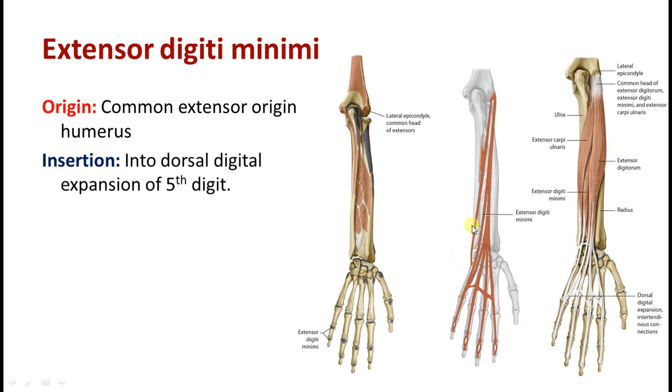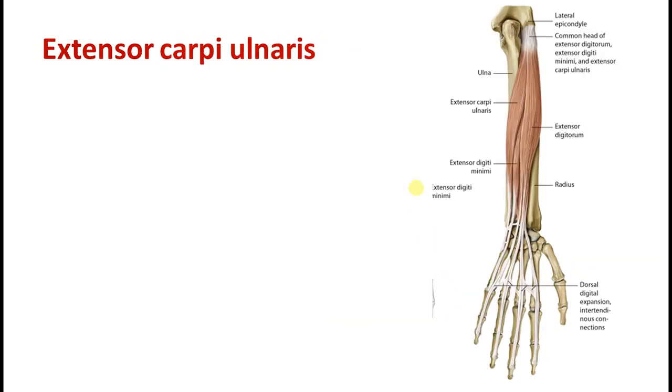We also see that this one, with the extensor indicis, takes part in the dorsal digital expansion. These are the vincula, the intertendinous connections. The action of extensor digiti minimi is extension of the little finger. Insertion is into the dorsal digital expansion, supplied by the posterior interosseous nerve.